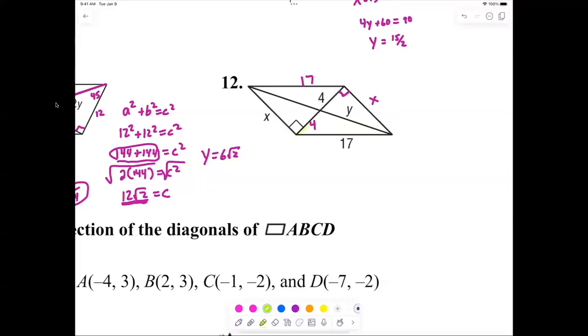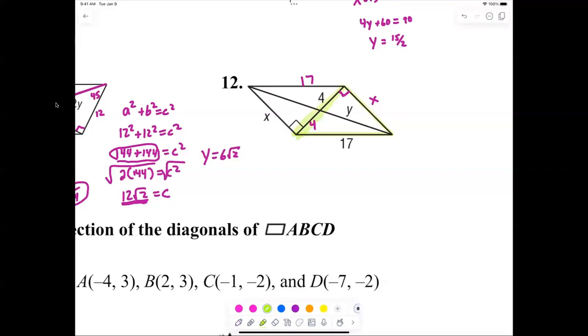This right here is 8. This is going to be 15, but we don't know that yet. And this is 17. All right, so you have a right triangle. Very, very good.